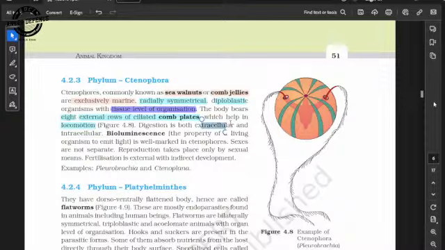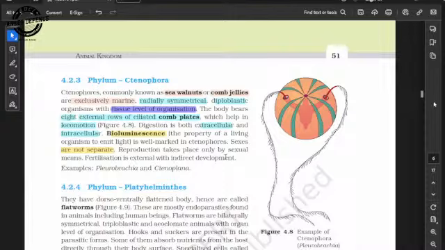Digestion, both extracellular and intracellular. What is bioluminescence? Emission of light. Sexes are not separate, it means bisexual or hermaphrodite, correct?